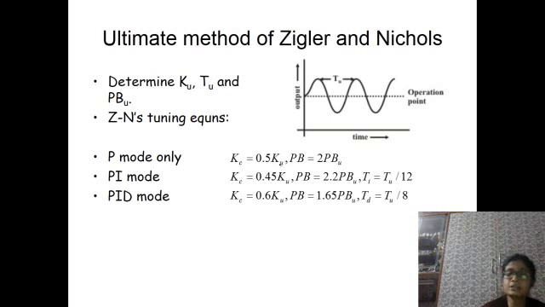The controller is initially set at proportional mode only, and the gain is increased in such a way that constant oscillation can be achieved.